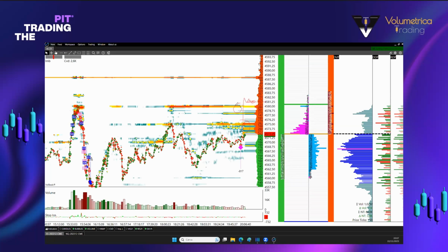We have to focus on the main order flow events, exactly as we were telling in previous webinars, about absorption and exhaustion, to be seen in the footprint or in the cumulative delta as well.